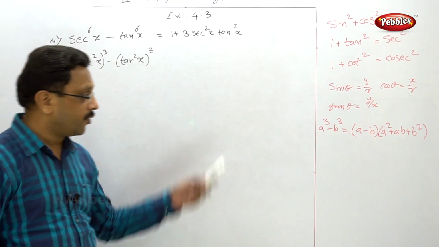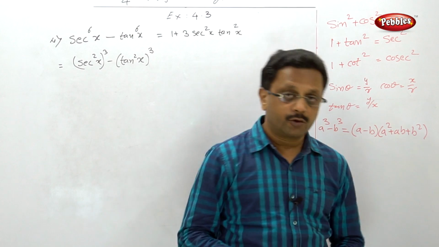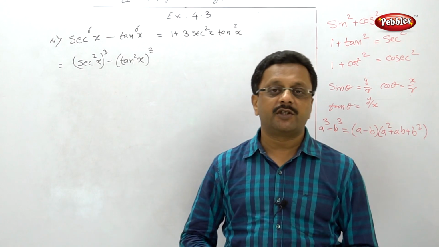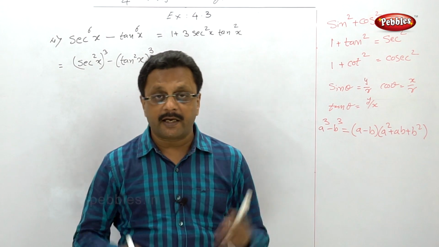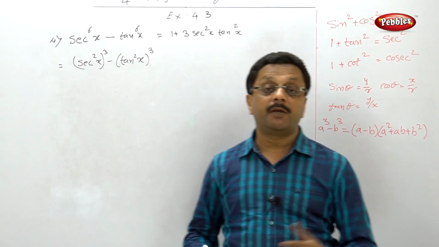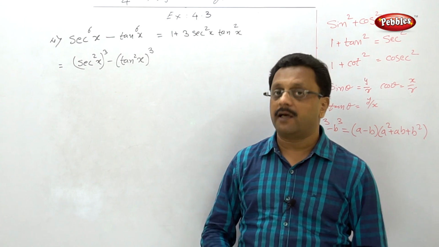I hope you know this formula. This is from algebra, simple formula, and you should also know all such formulas. That is, a square minus b square is a plus b, a minus b. What is the expansion of a plus b bracket square, a minus b bracket square, then a plus b bracket cube, a minus b bracket cube. All these formulas, you must learn by heart.